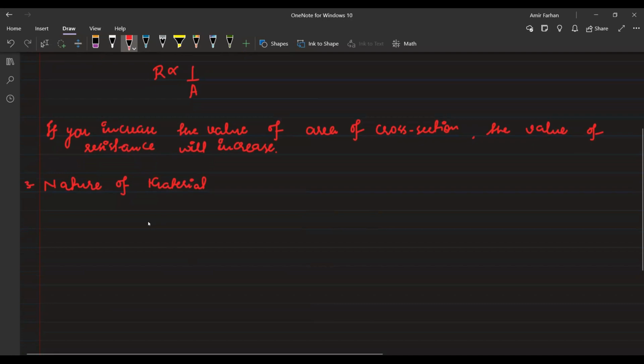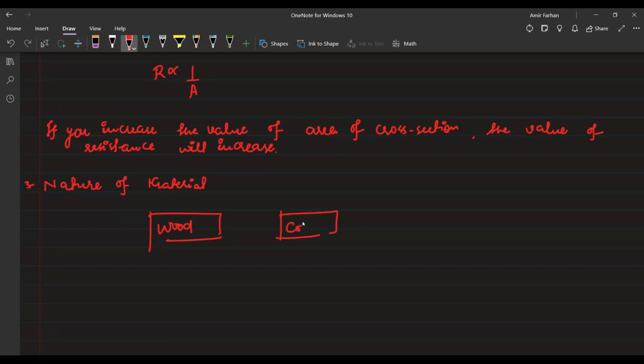So, nature of the material. Suppose you have one material that is wood and one that is copper. Copper is a metal, wood is a non-metal. Which one will have higher resistance, wood or copper?